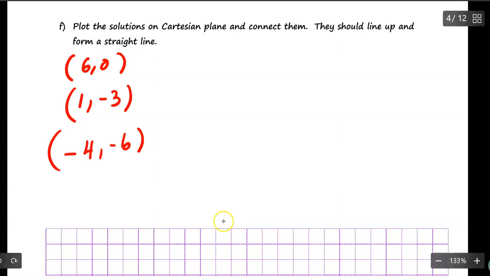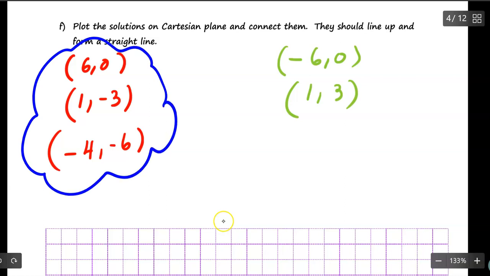And the points that are not true will be -6 and 0, and then 1 and 3. So I want to prove that these points will form a straight line. That means that if you connect these 3 points, you will have a straight line.